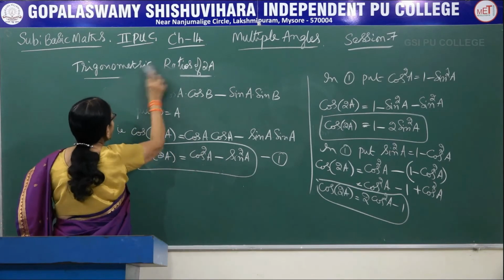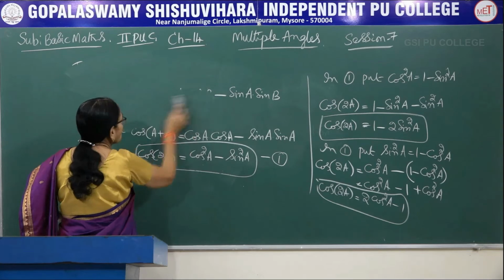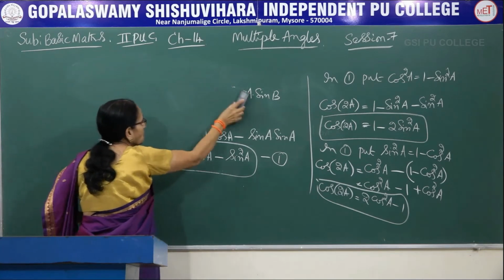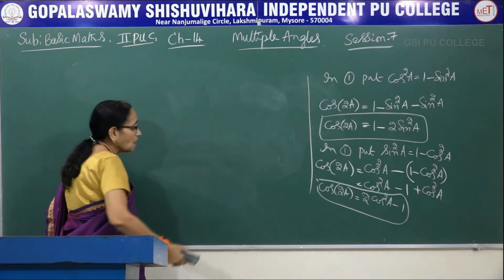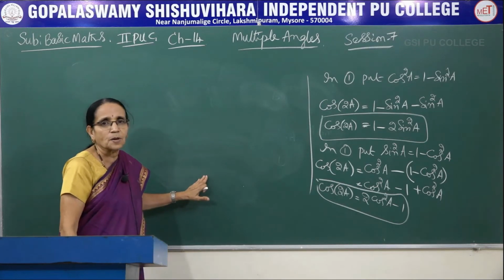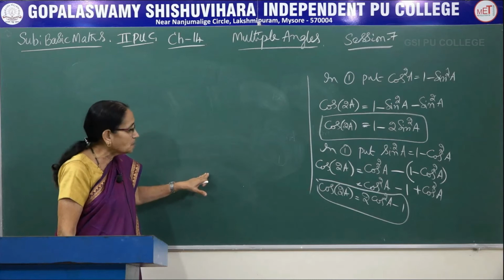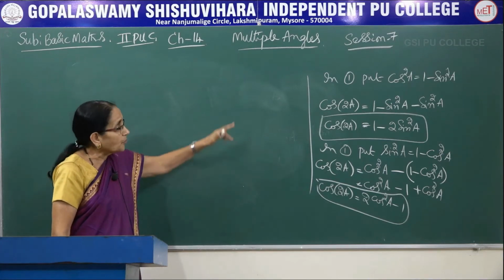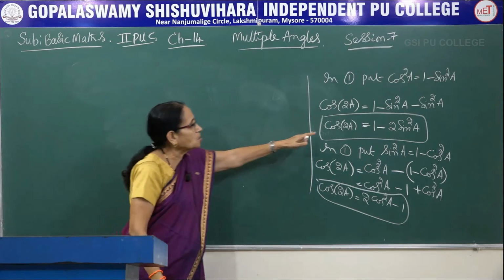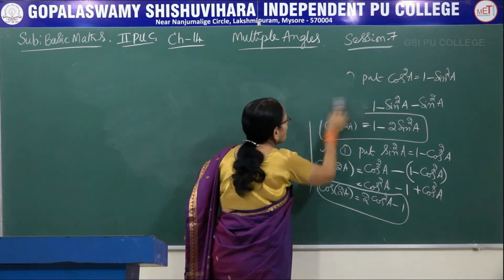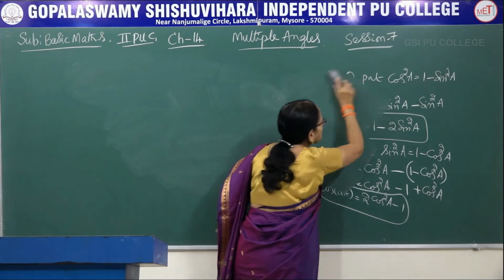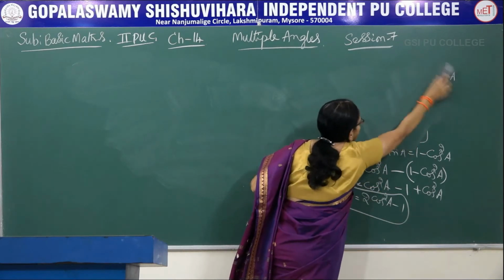So, only for cos of 2A, we have got 3 different formulas depending upon what has been asked in the problem. Anyway, first result is always cos square A minus sin square A. If that itself is asked, you can stop at that stage. If any one of the others is asked, use either this procedure or this procedure depending upon which has been asked in the problem.